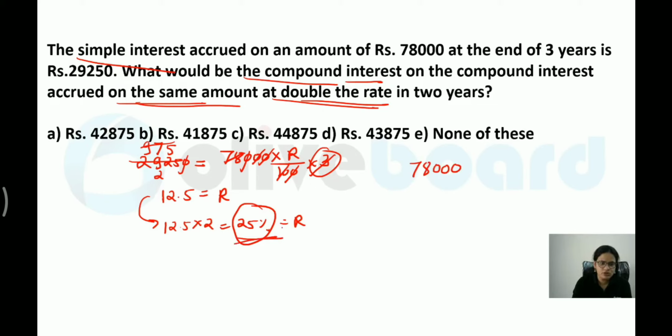R value is also known to me. So you can calculate what is 25%. If you write it in fractional format, that is nothing but 1 by 4 over here. Okay, so if you calculate 1 by 4 of this, what will you get? 19,500. Right? Similarly, in second year also, I'll be getting 19,500. And then again, you have to write 1 by 4 of the interest as well. So you know the diagram now, so it will become 4875.